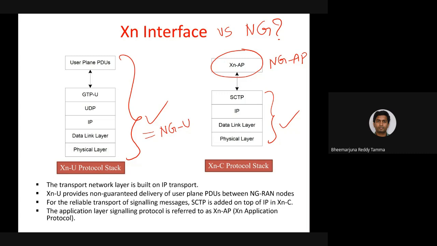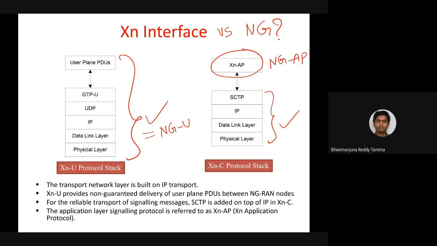This is important in the case of handovers, where you have to route the traffic of the user, which has come to the currently associated base station, to the new base station to which the user is going to be connected. There, routing or forwarding of the IP packets has to happen using the Xn interface between two base stations. On the right-hand side, again we are using SCTP as a transport layer protocol for signaling between multiple base stations for handover, radio resource management, and even for dual connectivity purposes.